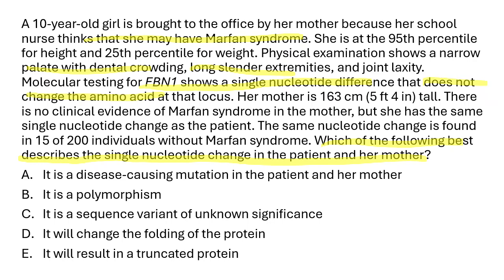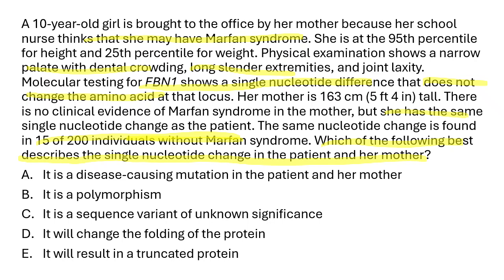And no clinical evidence of Marfan in her mother, who has the same change. And it says that it's in some people without Marfan syndrome also. So sounds like we've got a kid, Marfanoid-looking appearance. Mom has the same mutation but doesn't have Marfan syndrome, and it's found in a lot of people without Marfan syndrome. So what do we think best explains this change?